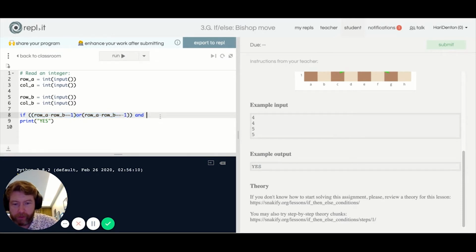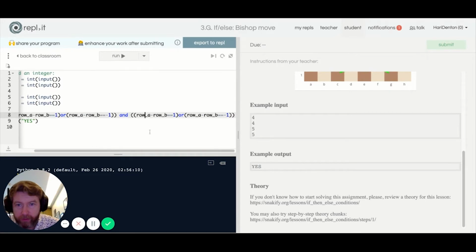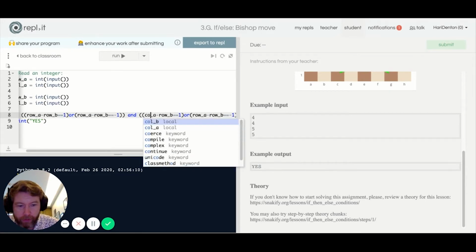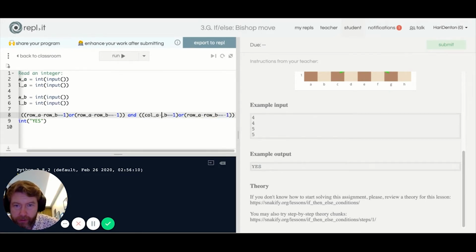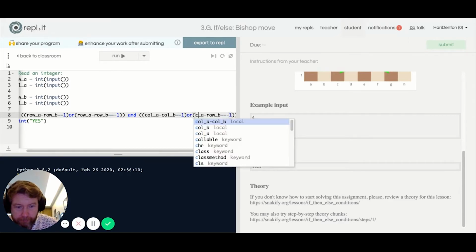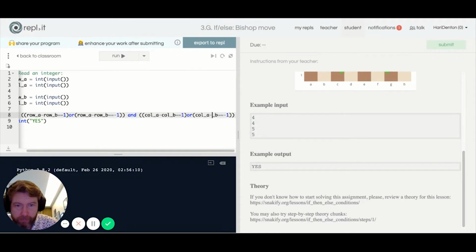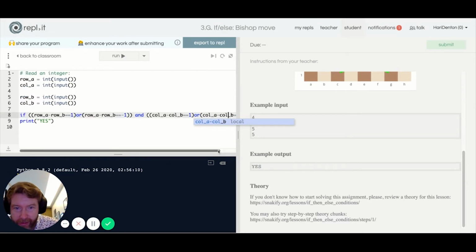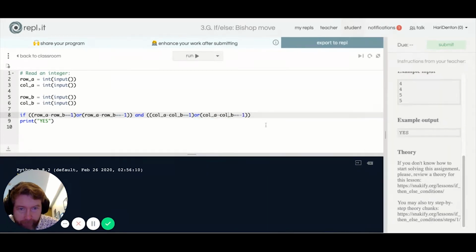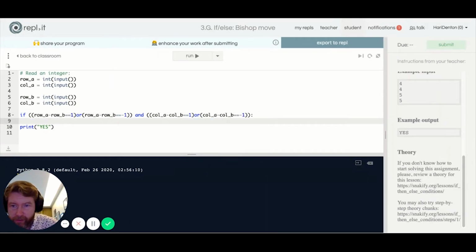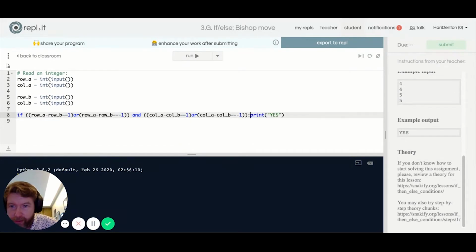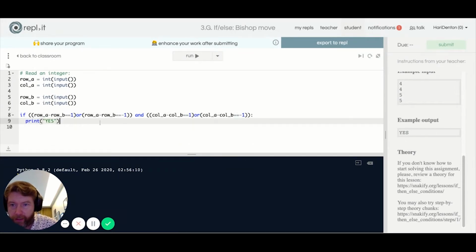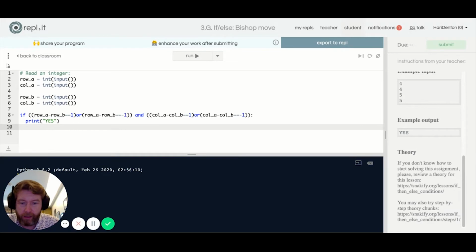So row A, row B, column A, column B. Column A minus column B is either equal to 1 or column A minus column B... Okay, so that's a big condition. Hopefully, there we go. So if that is the case, then again you need to be careful of the format. Otherwise, if it's not like that, then we need to print no.